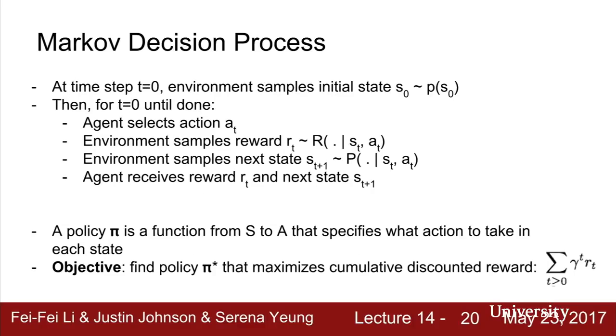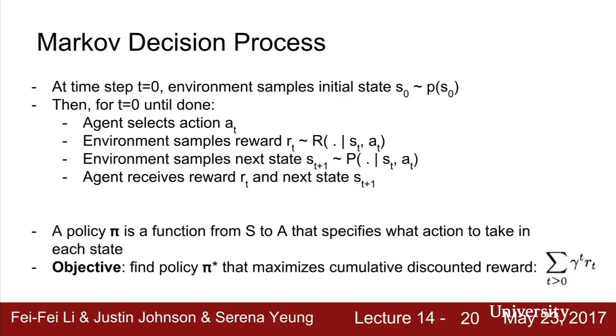The way the Markov decision process works is that at our initial time step t equals 0, the environment is going to sample some initial state s0 from the initial state distribution, p of s0. And then from time t equals 0 until it's done, we're going to iterate through this loop where the agent is going to select an action, a sub t.